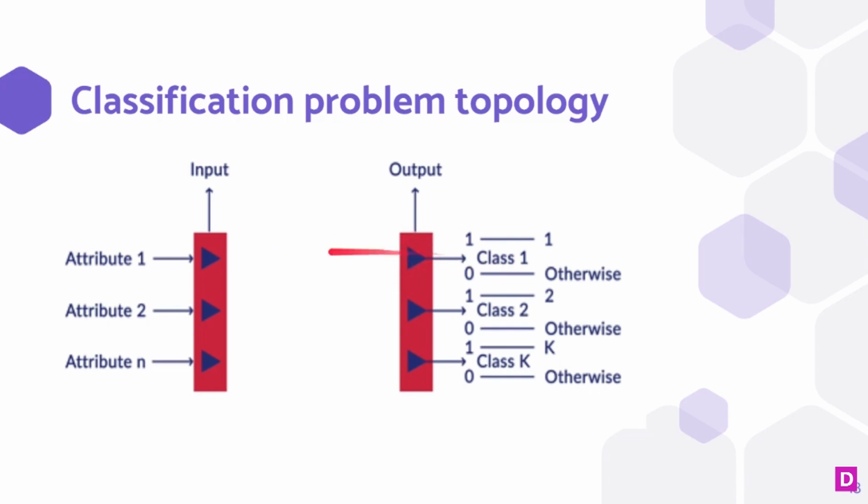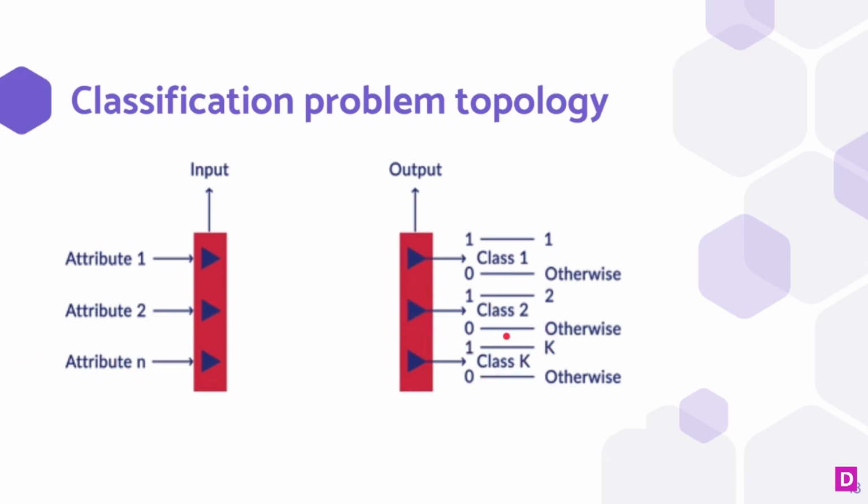If the output value is 1, then that particular attribute belongs to class 1. Suppose the output signal after processing from the input signal is 0, then it belongs to either class 2, class 3, class 4 or class 5, etc. But one thing is clear, it definitely does not belong to class 1.